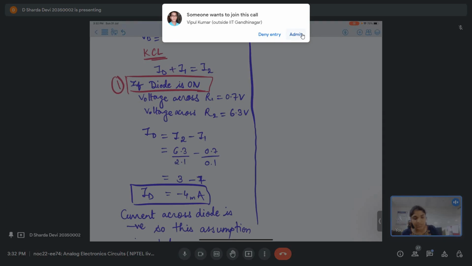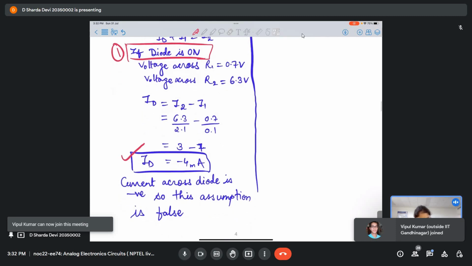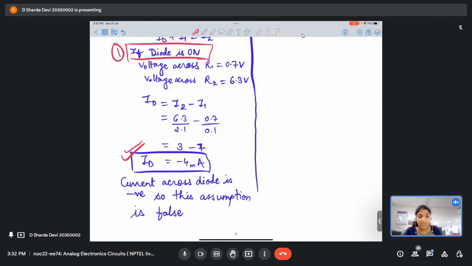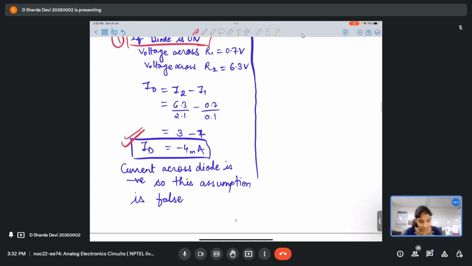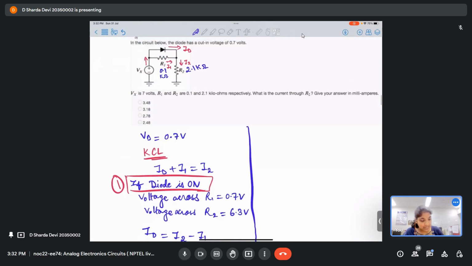This is the assumption that we have considered, that our diode is on, but we are getting the current to be negative across the diode. That means this assumption is false. So the diode is off. Okay, so once the diode is off, what will our circuit become?